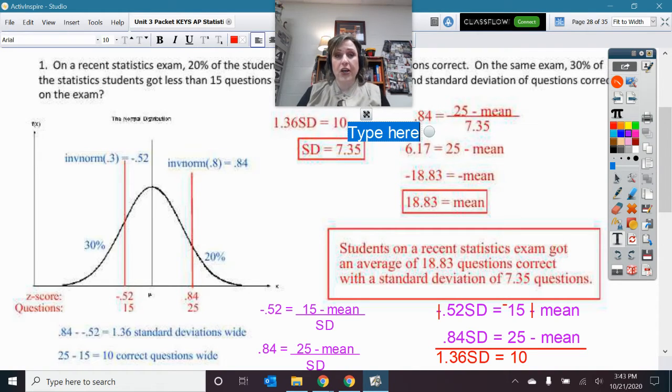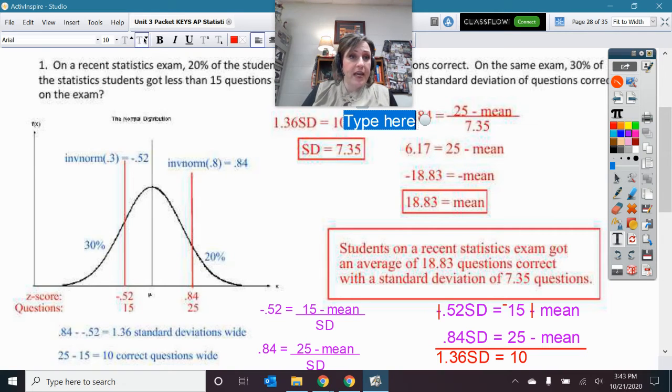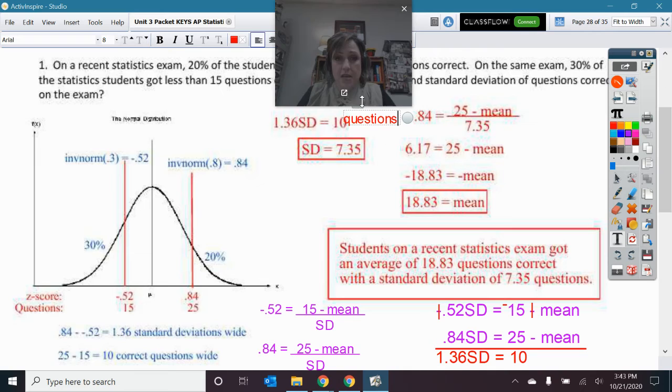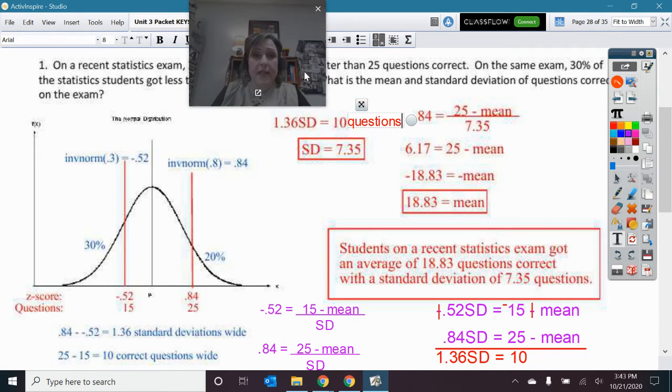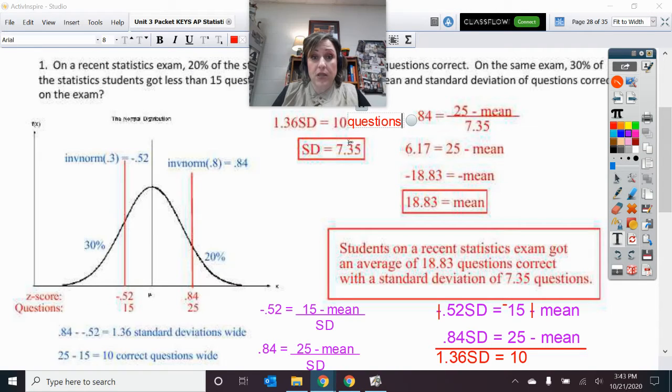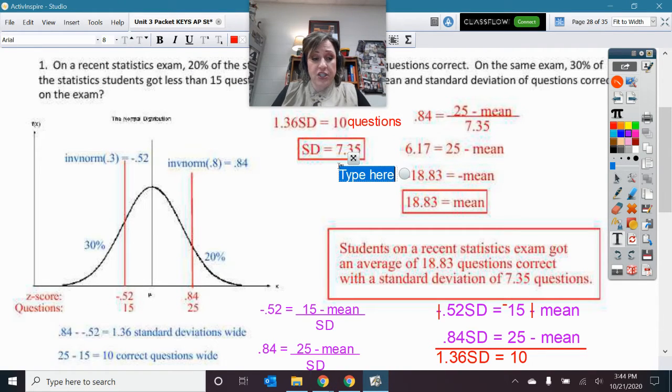And these should have context, so I should have those units in there, questions. Okay, so when we have that 10 questions wide, then our standard deviation is going to have units. So our standard deviation is going to be 7.35 questions wide.